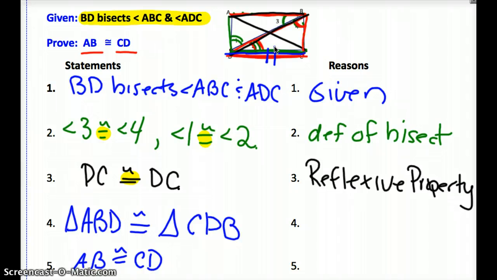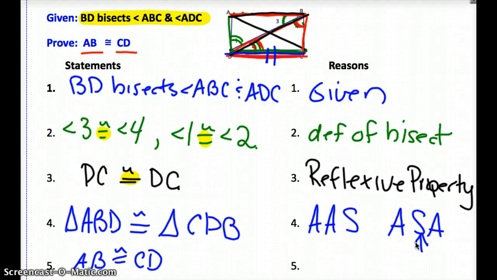Again, I have two angles and a side. The side is not contained or between the two angles, so it's angle, angle, side. Once again, angle, side, angle: the side has to be directly between the two angles. Here are my angles that are marked. This is the side that's directly between them. This is not the triangle congruency postulate you're using.